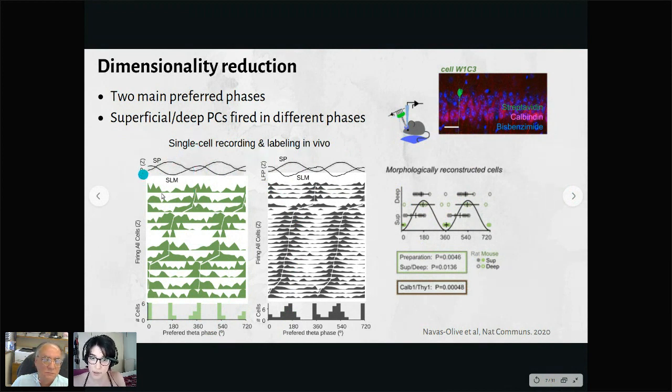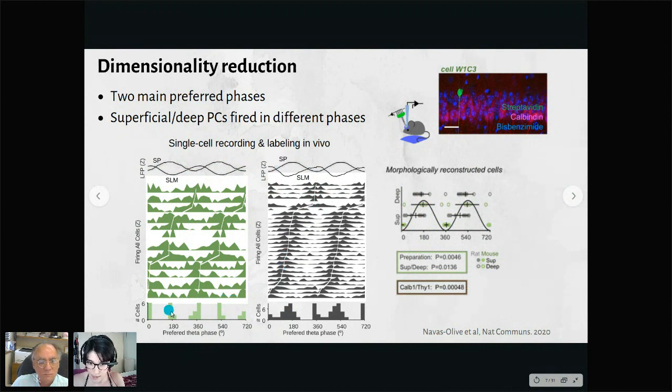And what we saw is that the superficial neurons tend to fire in the trough of the stratum pyramidale theta. Here, you can see that all these lines are the firing along the different theta phases of each single cell, one neuron. Superficial cells tend to fire in the trough, while deep cells tend to fire in the peak. There are some neurons firing at the trough and some neurons firing at the peak.